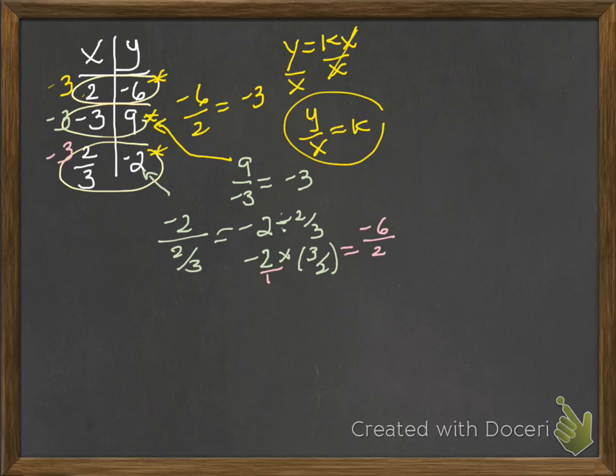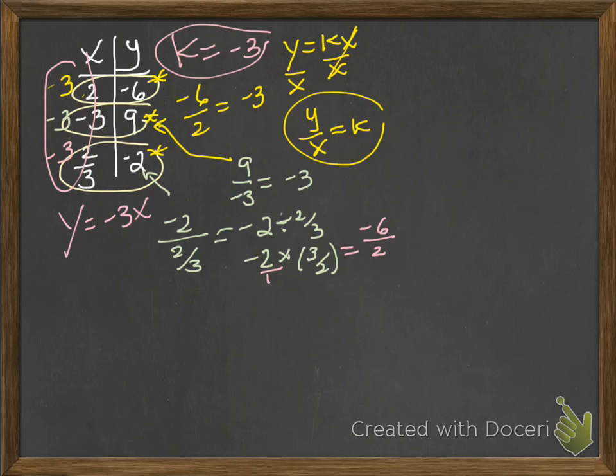Okay? So I see that all three of these have a k of negative 3, which means my equation is y is equal to negative 3x.